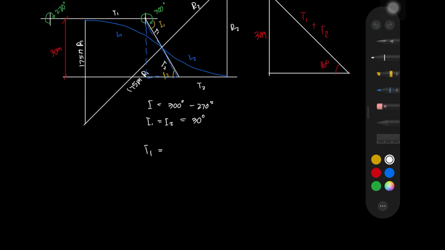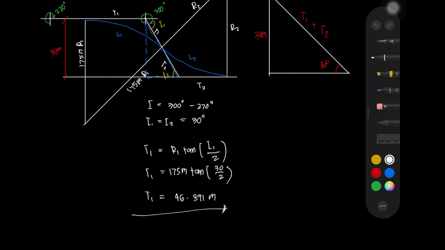So T1 is equal to R1 tangent of I1 over 2. So we have T1 is equal to 175 meters multiplied by the tangent of 30 over 2. From the calculator, we get 46.891 meters as our T1.